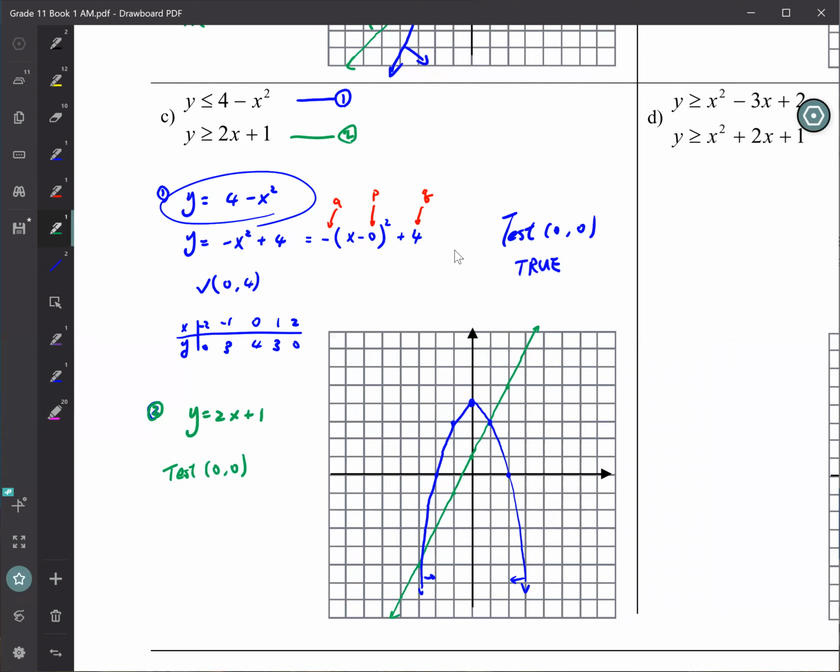Okay, for the green line it is false, because you will get 0 greater or equal to 1. That's not true, right? So if it's false, that will be above. So we want everything that's inside the parabola, but then higher than the green line.